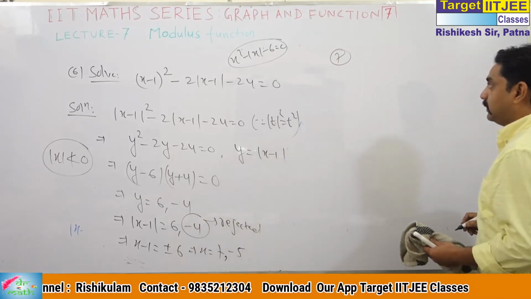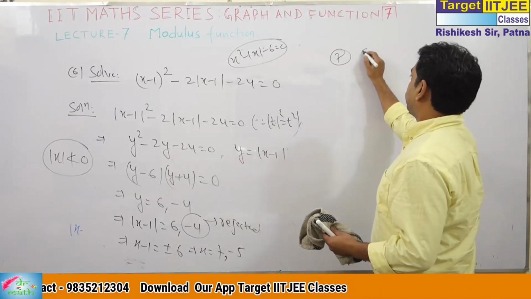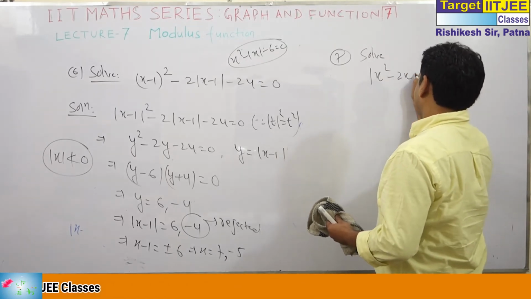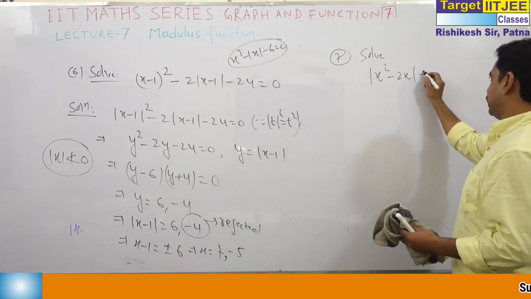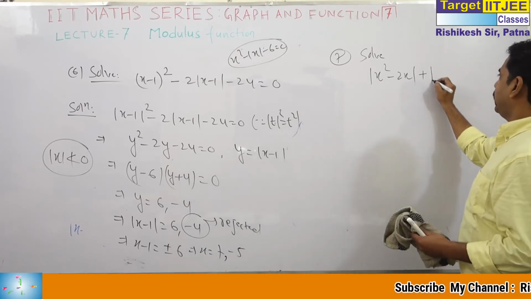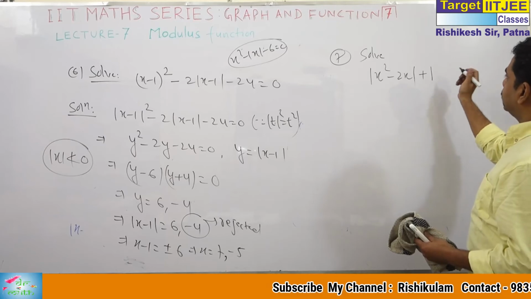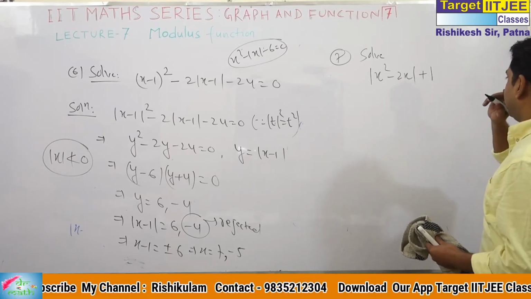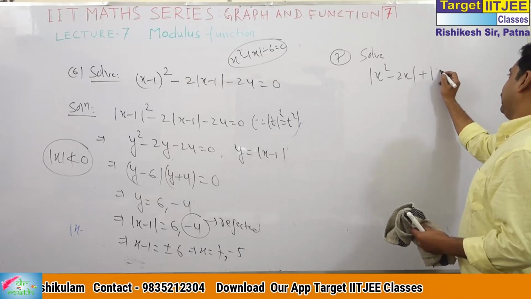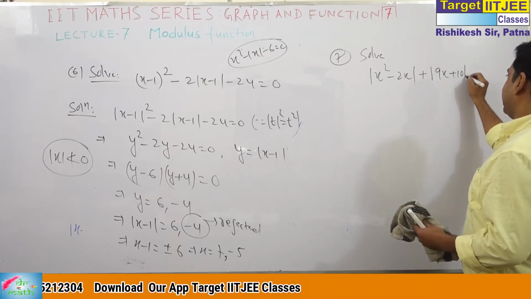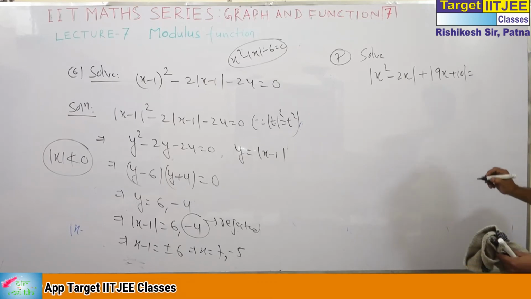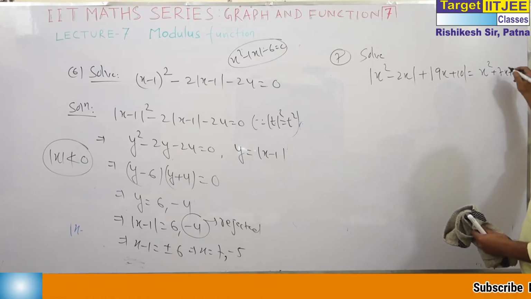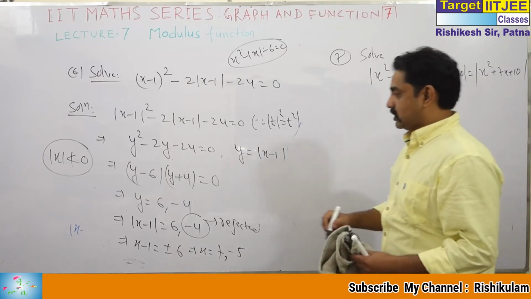The question is: solve mod x square minus 2x plus mod 9x plus 10 is equal to mod x square plus 7x plus 10. Now this is the question.